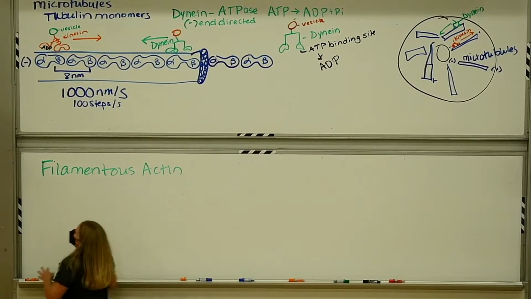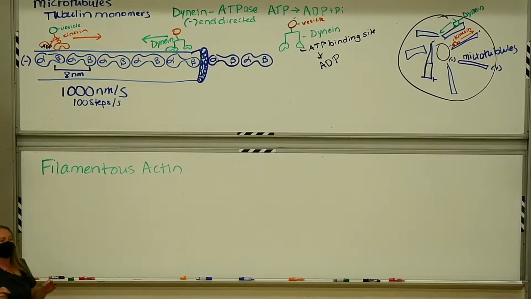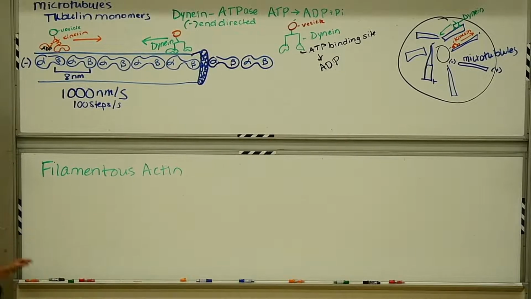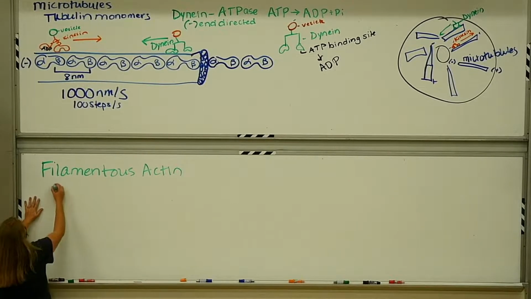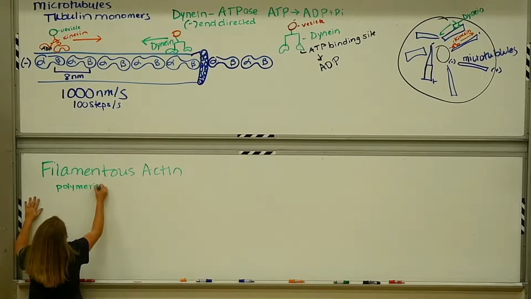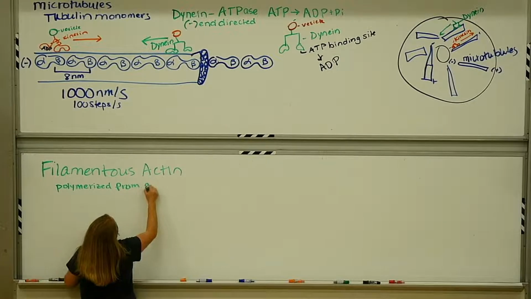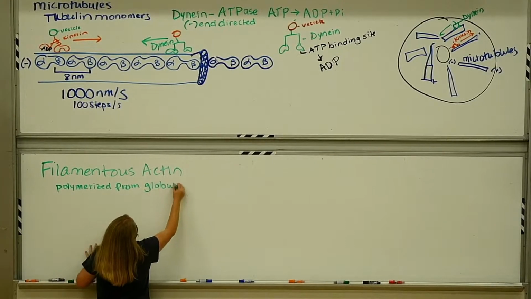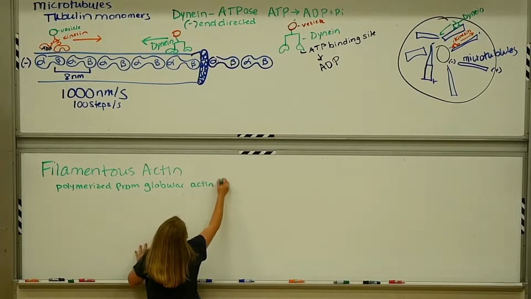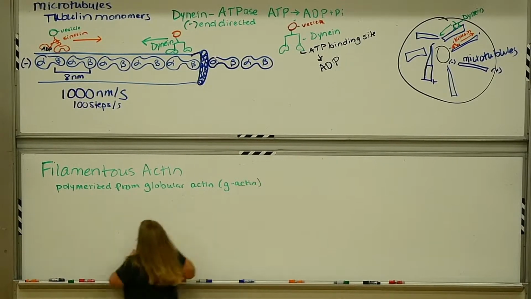So filamentous actin is another transport cytoskeleton. It's much smaller than microtubules, but it is still a polymer. This filamentous actin is polymerized from G-actin, or globular actin. This is very well named because it's just a glob. Like so.